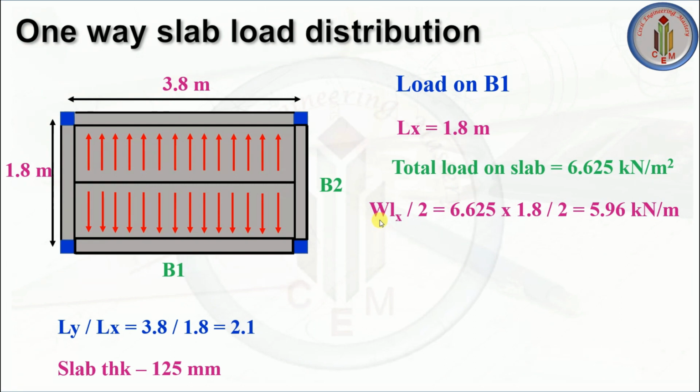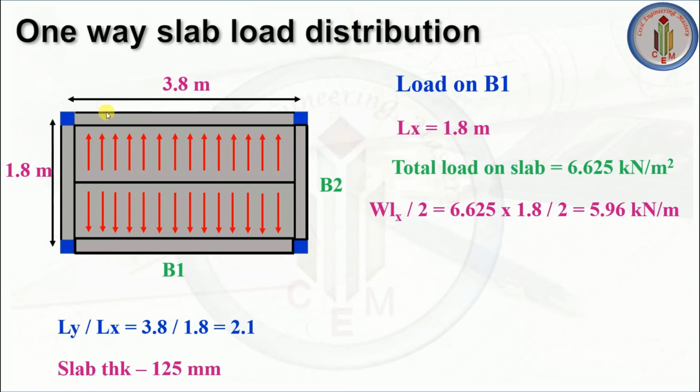That is W times LX by 2, where LX is the shorter span, 1.8 meter. So the total load is getting divided into 2 parts. That's why W LX by 2. Always you have to consider the shorter span only. 6.625 multiplied by 1.8 divided by 2, we get 5.96 kilonewton per meter as load on beam 1.